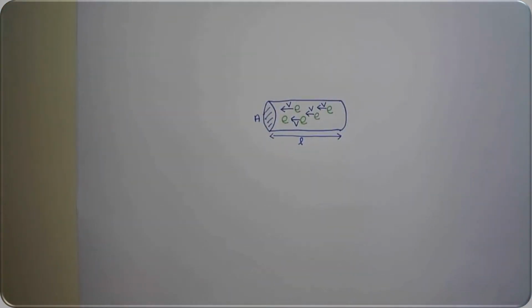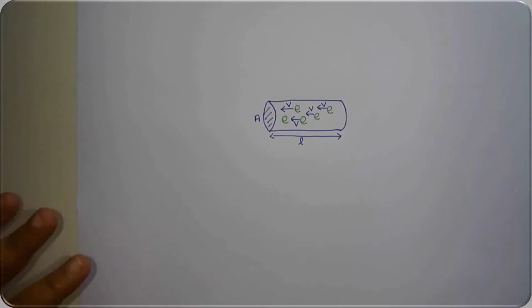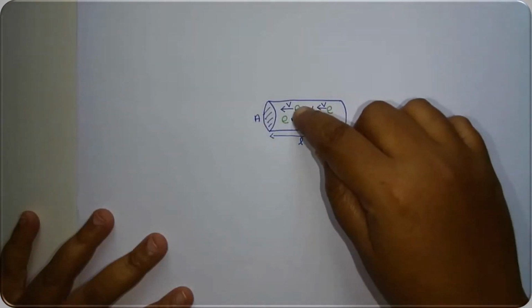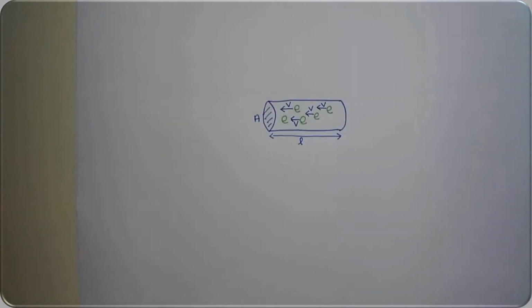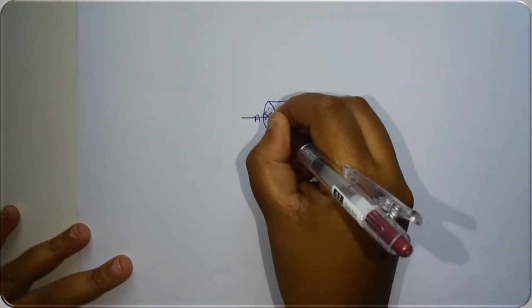The free electrons are moving in this direction, so therefore there is a current which flows in the opposite direction.